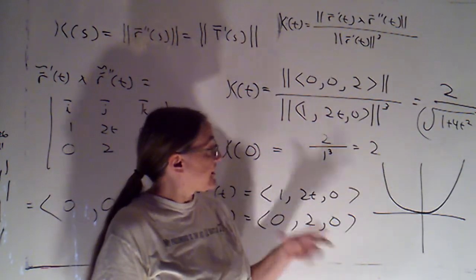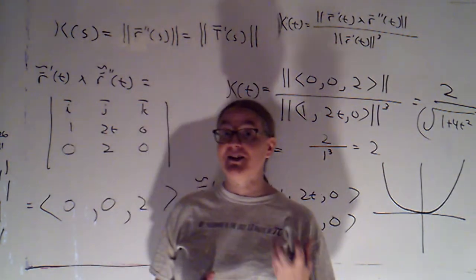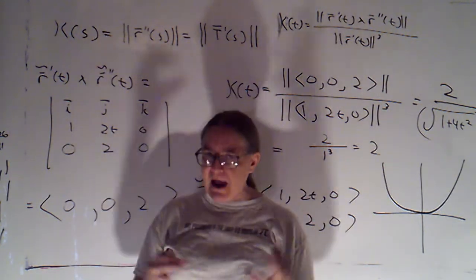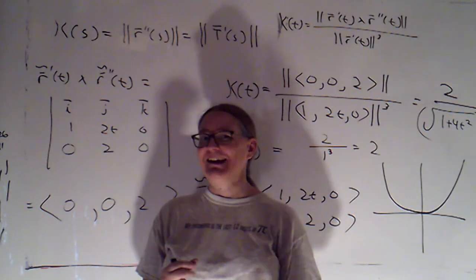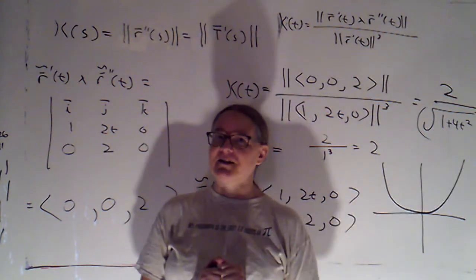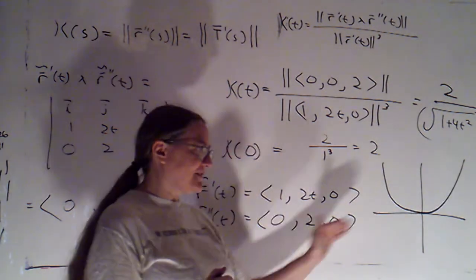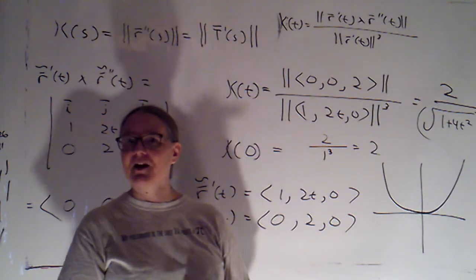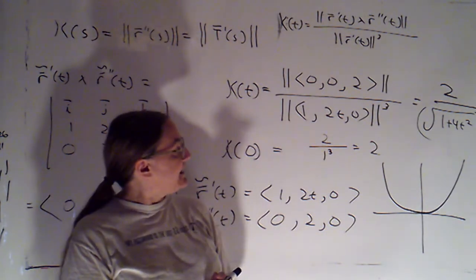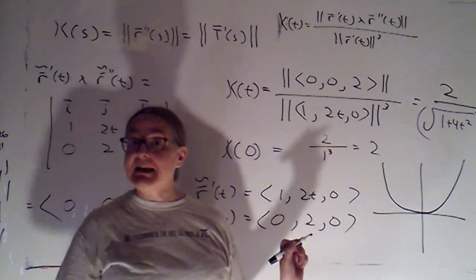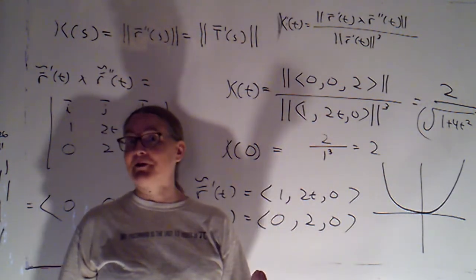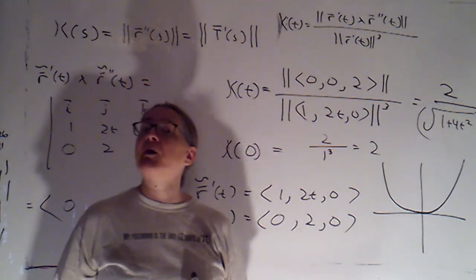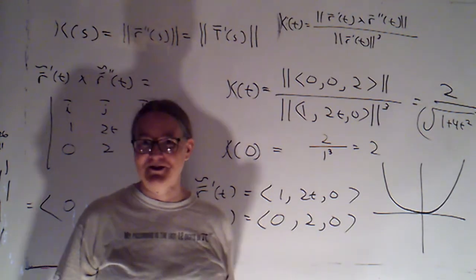And in a little bit, we're going to actually talk about something called the osculating circle, which is like the round version of a tangent line. Instead of being the line that best approximates a curve at a point, it's the circle that best approximates a curve at a point. And it's just a question of, now I know what the radius should be, because it's going to be the reciprocal of the curvature. Just need to figure out where to put the center. We've got a little bit more work to do before we're ready for that.